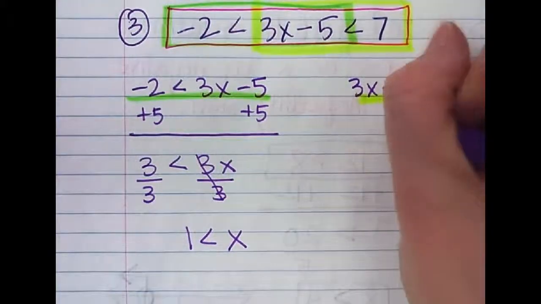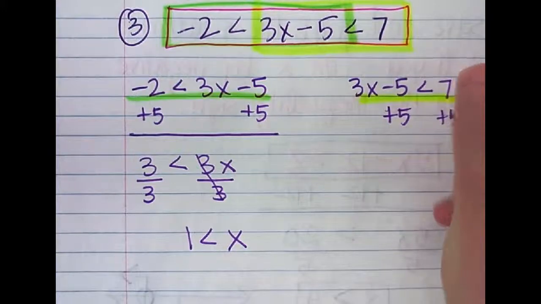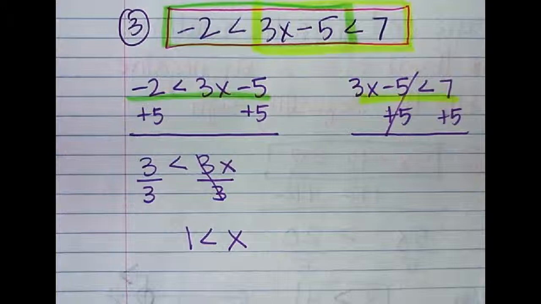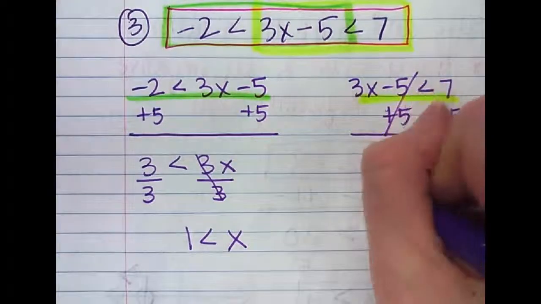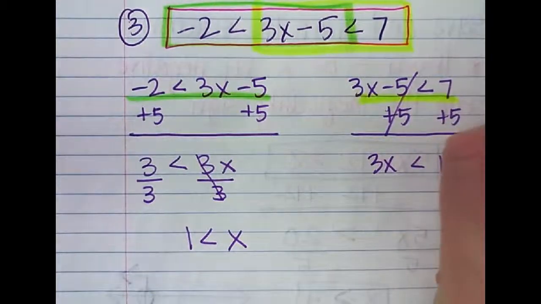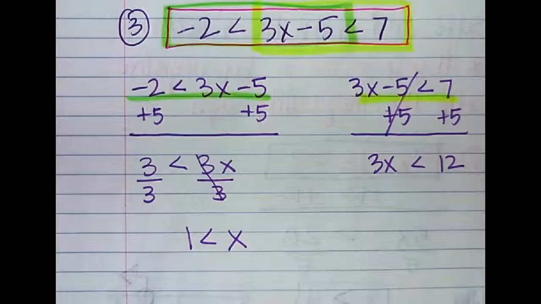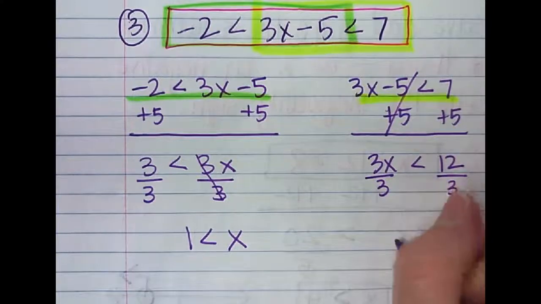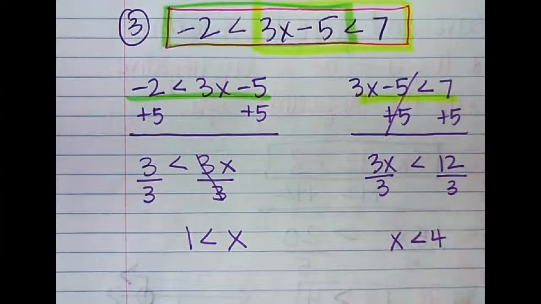And then I'm going to do the same thing over here. So I still add 5. x is less than 12. Divided by 3. x is less than 4.